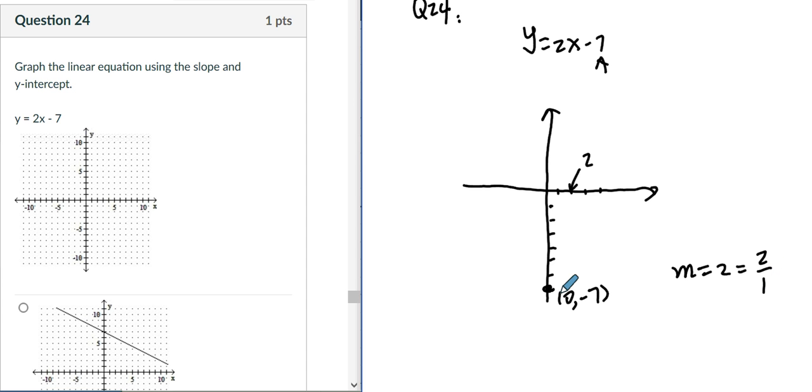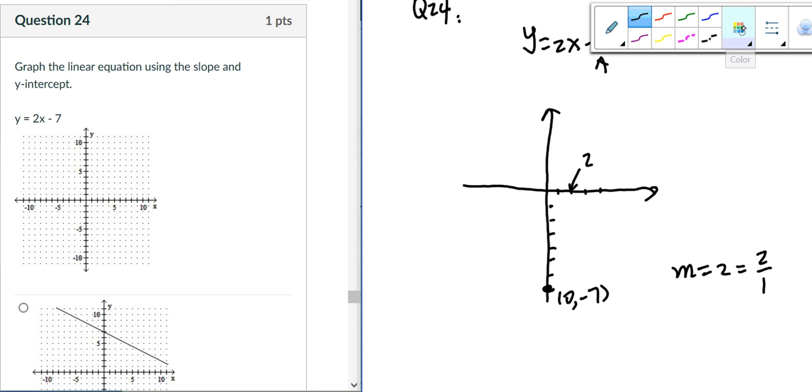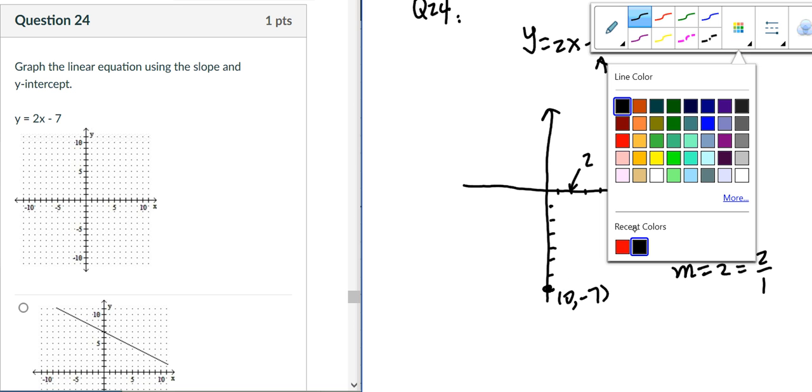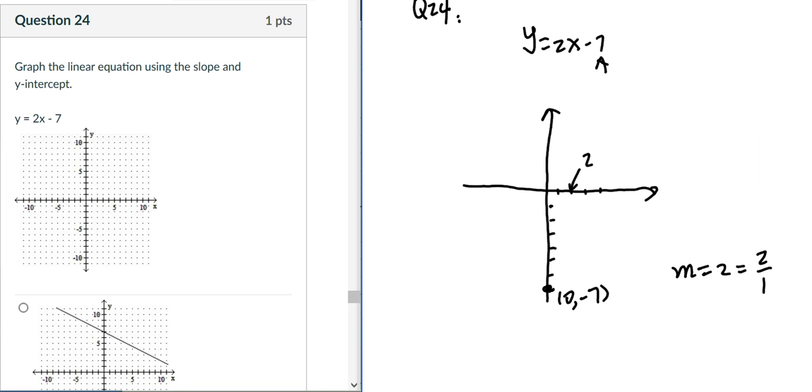So when you go 1 unit for x, then you should have 2 units up. That's rise over run. Rise is 2, run is 1. So roughly speaking, the line would look like this, going up.